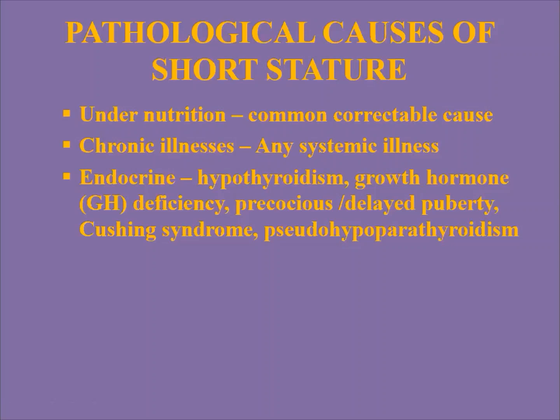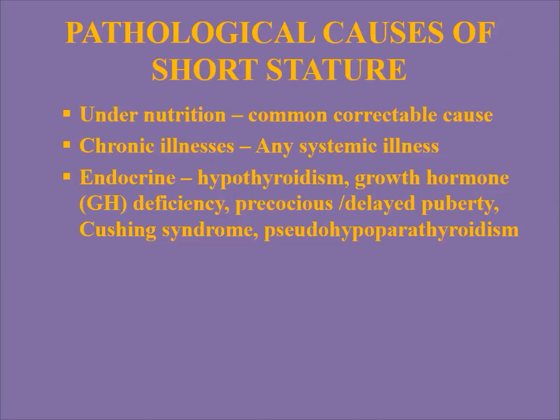Chronic illnesses, same. Chronic illnesses may affect the growth due to increased metabolism. Something like heart failure, there is increased metabolism on and on, so energy is wasted on that. If you take chronic renal failure, then again, due to many causes, the growth is stunted, including vitamin D metabolism derangement, and so on.